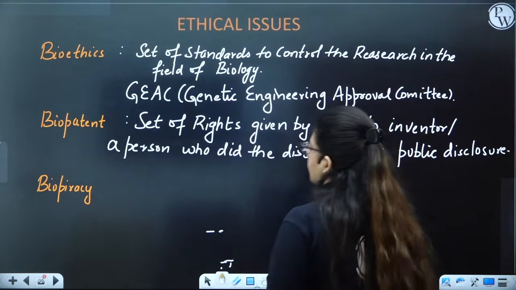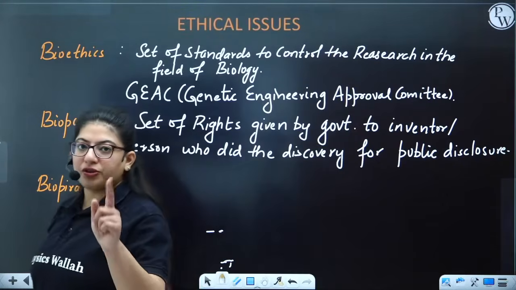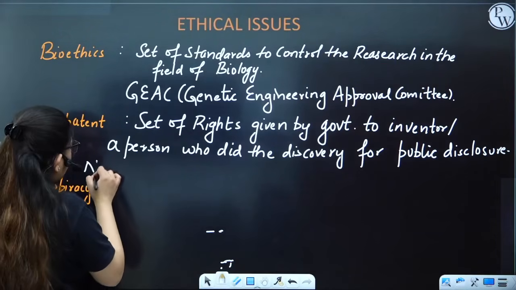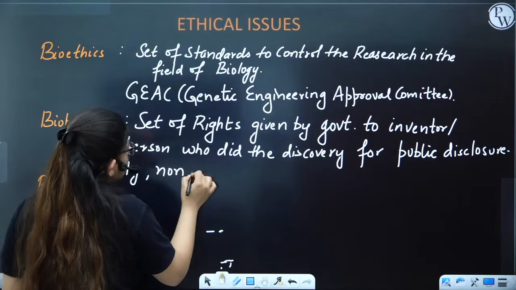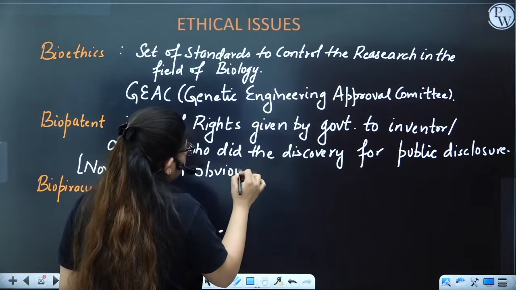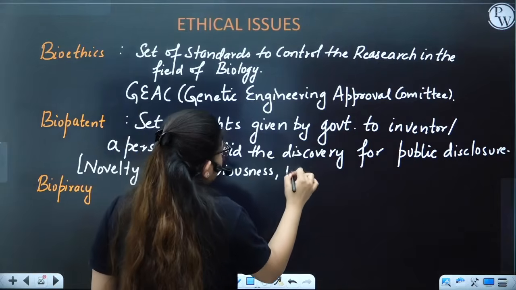So what should a biopatent have? It should have three properties. One, novelty. It should be new. Non-obviousness. And the last one, utility.